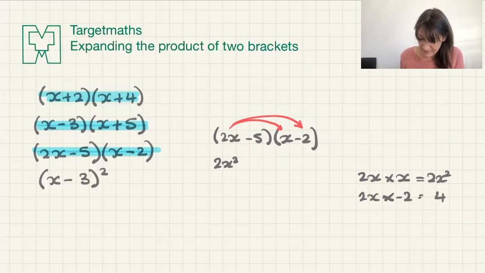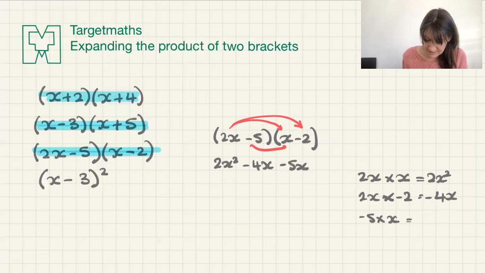I've got one negative in the question, so it's negative, and I've got that x squashed up. So minus 4x. Minus 5 times x is just all squashed up, minus 5x. And then the last one is minus 5 times minus 2. 5 2s are 10. I can see the 2 negatives are going to make that positive, so plus 10.